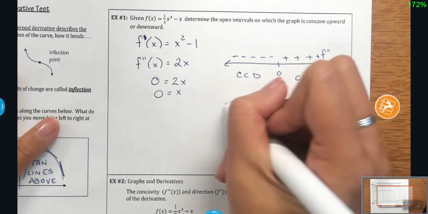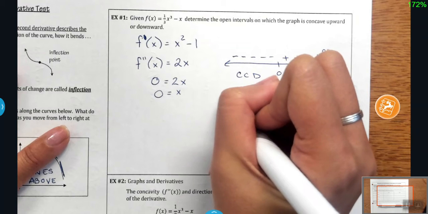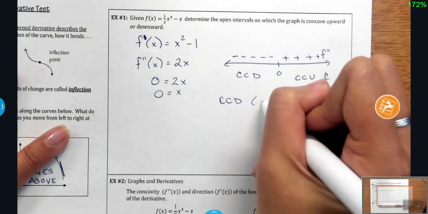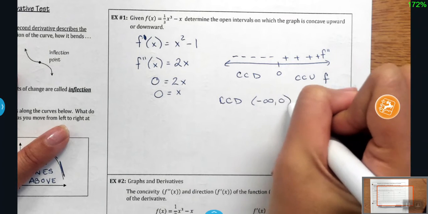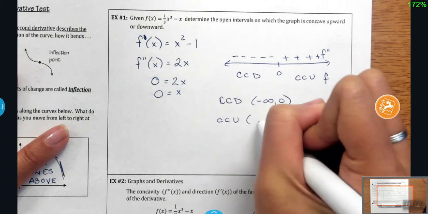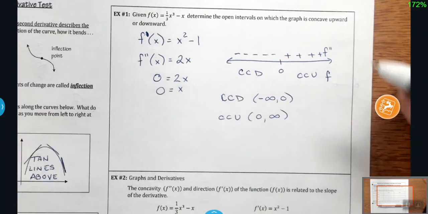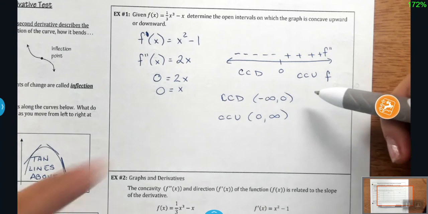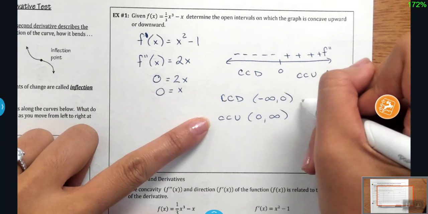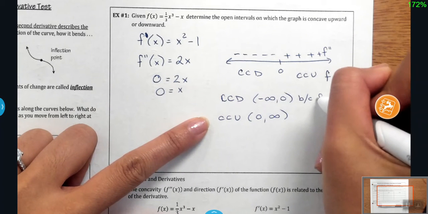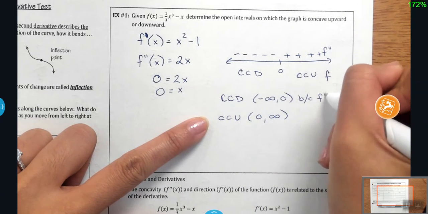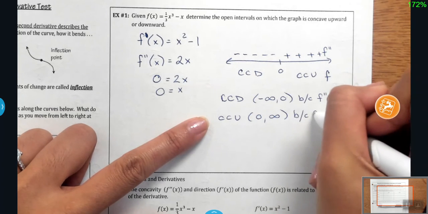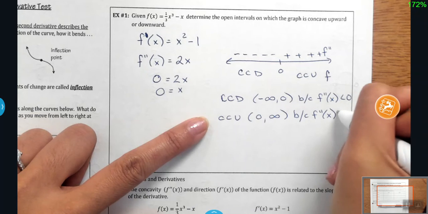Okay, and so on free response you would have to say concave down from -infinity to 0, concave up from 0 to infinity. And this one doesn't ask you to justify your answer, but if you had to, you would say because f double prime of x is less than 0, and because f double prime of x is greater than 0.